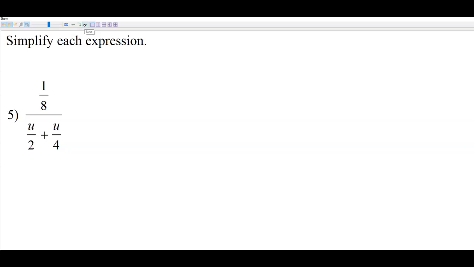Now, we're going to look at another situation, where we have not just one fraction in the numerator and one fraction in the denominator, but we actually have more than that. In this case, we have one fraction in the numerator, but my denominator actually has 2 fractions.